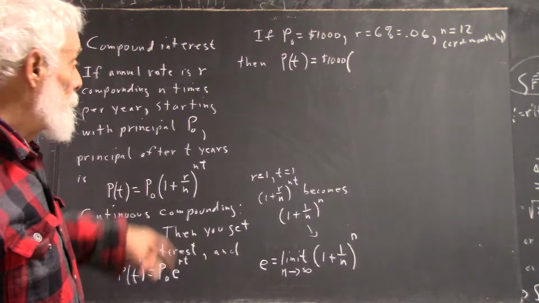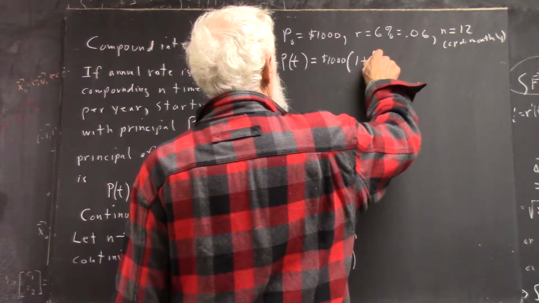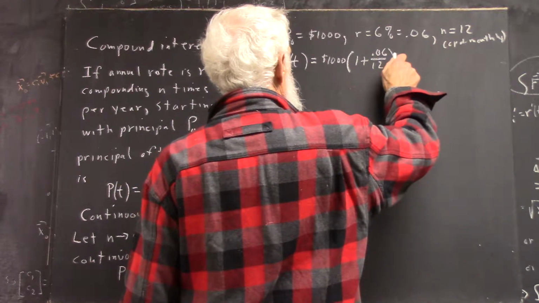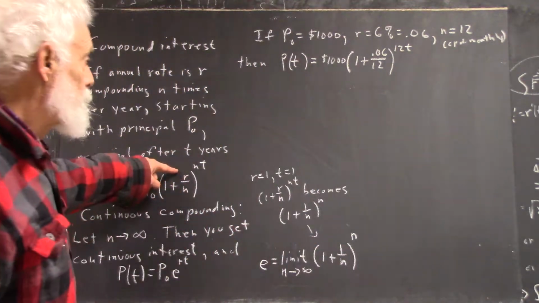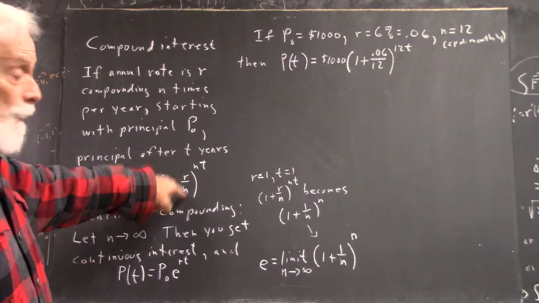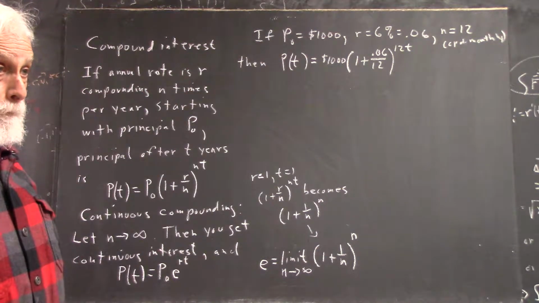So, $1,000 multiplied by the rate, which is 0.06, divided by n, which is 12, raised to the nt power, which is the 12t power.